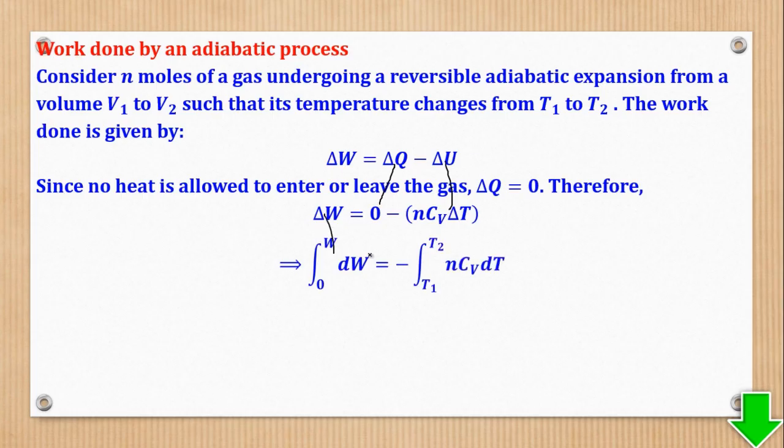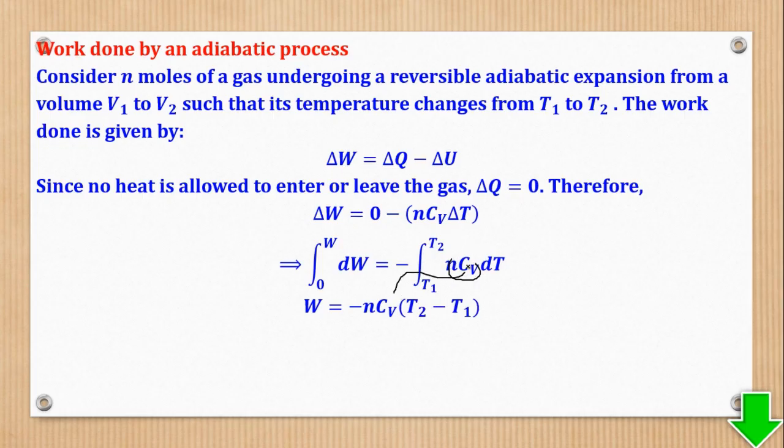Therefore, W can be got by integrating this. Now, integrating from T1 to T2, and delta T becomes dT. So when I integrate, first of all, these ones are constants.